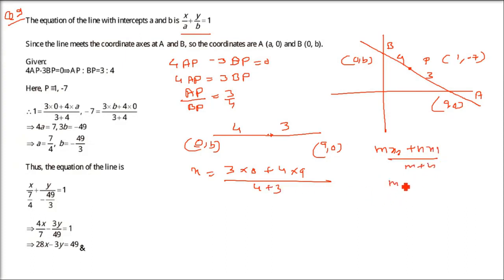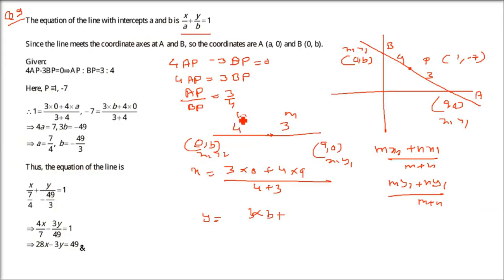Coming to y, (my2 plus ny1) by (m plus n). So this is (x1, y1), (x2, y2). Y point, what will be the y point? It will be 3 into b, m is 3 and n is 4.